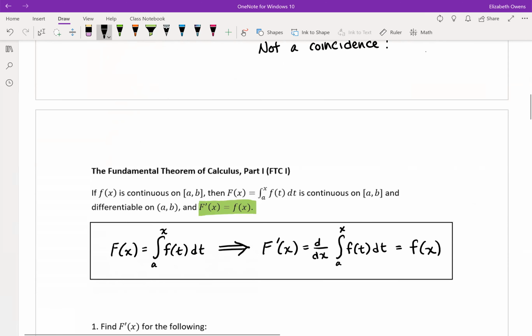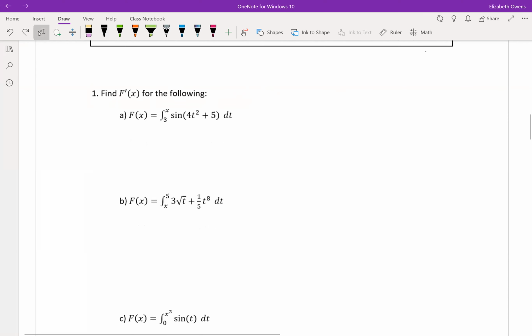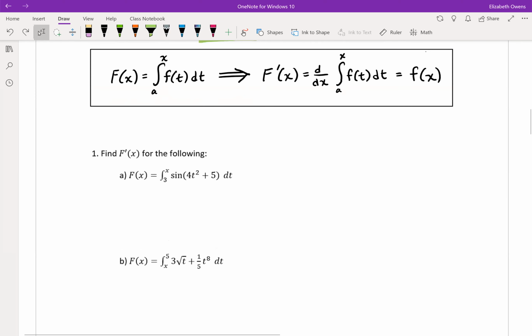All right. But for right now, we're going to focus on this idea of the derivative and the integral undoing one another with some examples here. We're going to find big F prime of x for the following. Starting with big F of x equals the integral from 3 to x of sine of 4t squared plus 5 dt. When we look at this function, we can see that this is set up in the direct format we need for FTC Part 1.